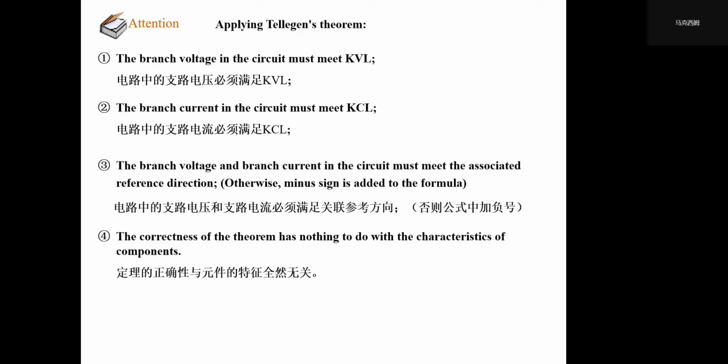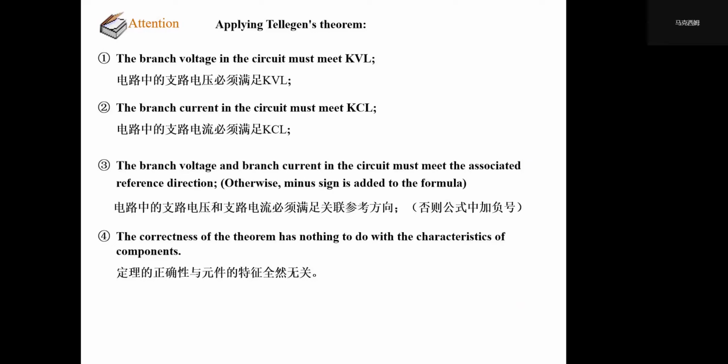And this theorem's correctness has nothing to do with the specific characteristics of the components. No matter what components you put on the branches, this theorem always stands because it comes from the energy conservation theorem. It does not concern what you put into the branch; the structural constraints of the circuit already ensure the correctness of this elegant theorem.